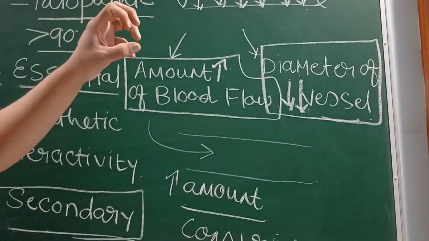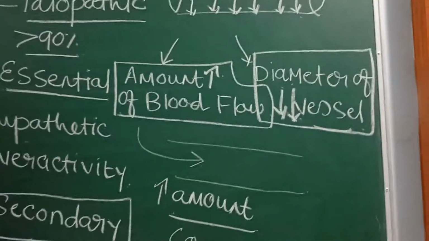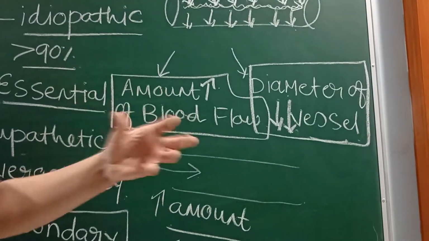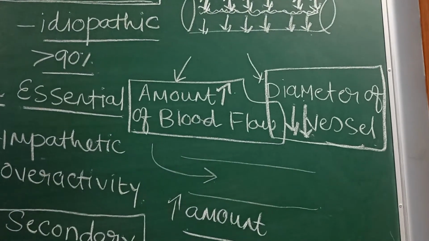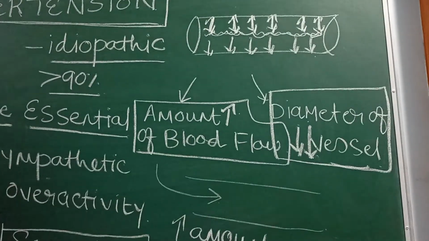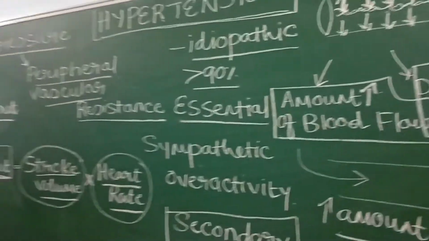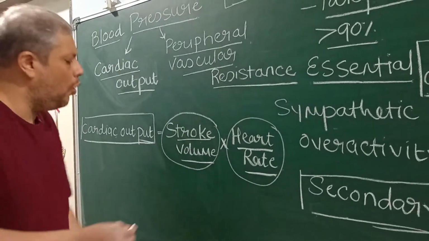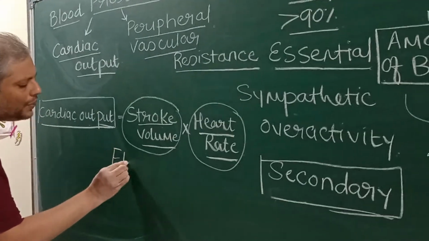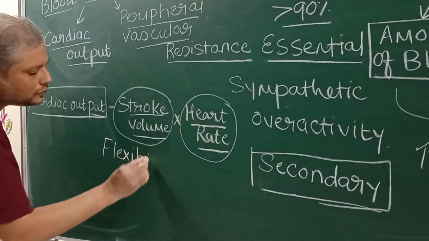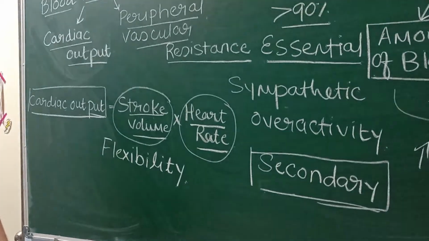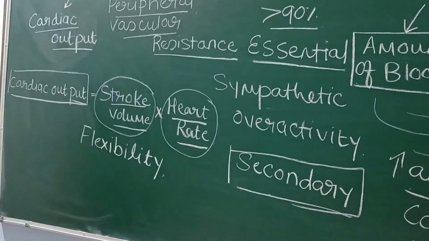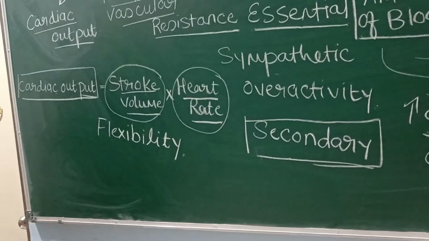So whenever there is a vasoconstriction, whenever there is a reduced elasticity of the vessel wall, the blood pressure will rise. And dear friends, here I want to clarify a very important point: the compliance of the vessel wall, the flexibility of the vessel wall, is inversely proportional to the sodium content.